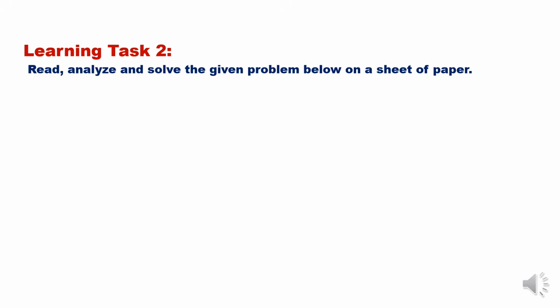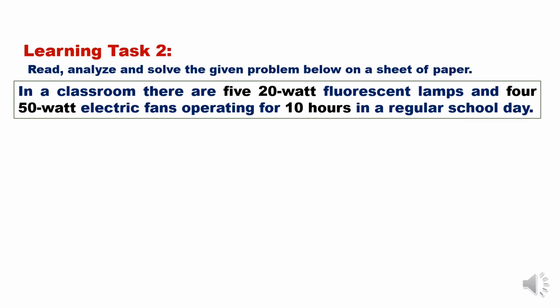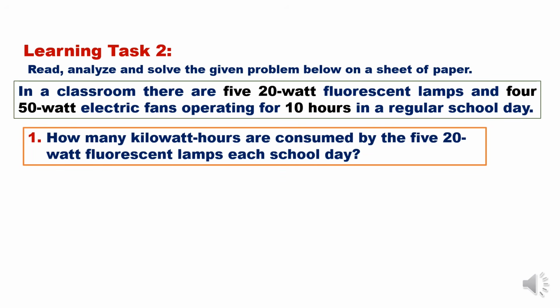Learning Task 2. Read, analyze, and solve the given problem below on a sheet of paper. In a classroom, there are 50 20-watt fluorescent lamps and 4 50-watt electric fans operating for 10 hours in a regular school day. 1. How many kilowatt hours are consumed by the 50 20-watt fluorescent lamps each school day?